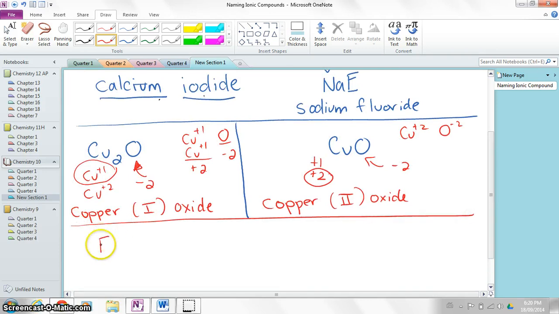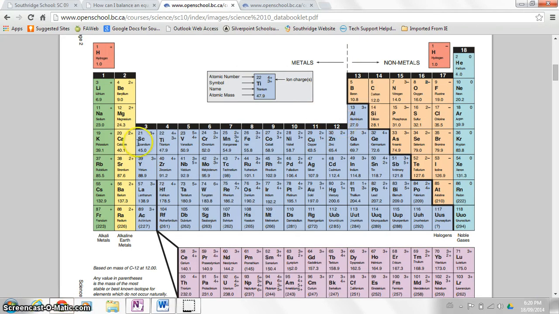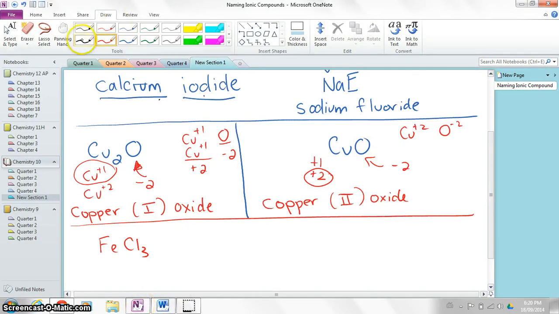If you have something like FeCl3, if you look on the periodic table, lots of times when it's a transition element, the element will be multivalent. So here's iron, it comes in +2 and +3. And we want to figure out which one it is. You can do the reverse crisscross rule, where the 3 goes with the iron. There's no number here, but you assume it's a 1. So the 3 goes with the iron, so it's the +3 charge, and the 1, which we don't write, goes with the chlorine.